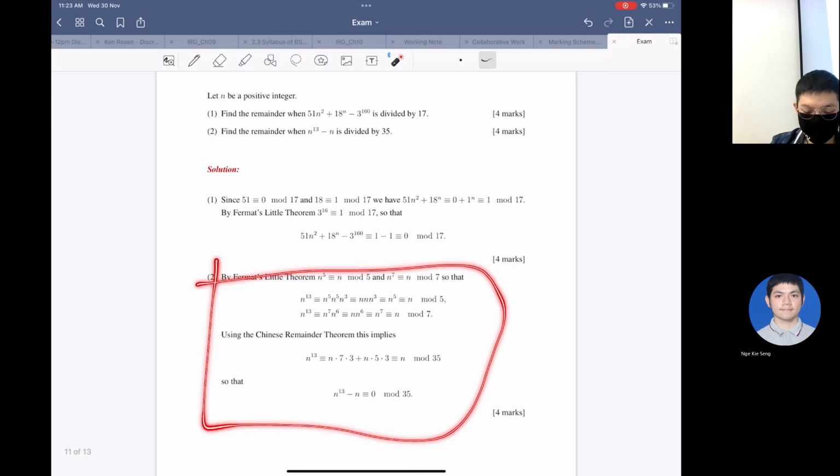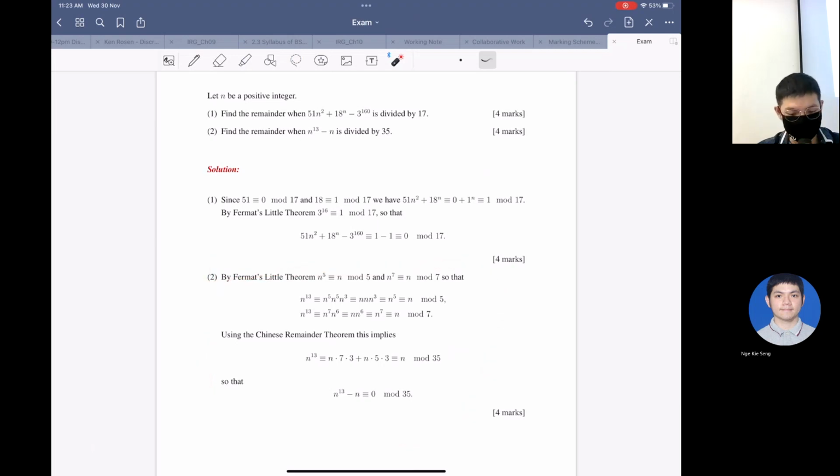Okay, B. A lot of people made mistakes here because I didn't say that n and 35 are co-prime. So you cannot just straight away use a^(p-1) equals 1. What you can use is the converse and prime.